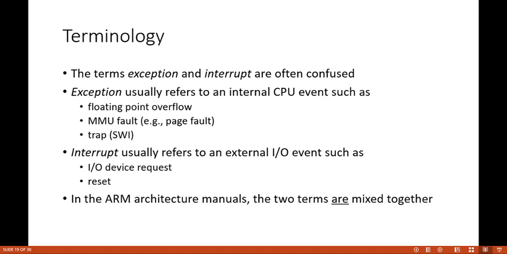The next one is interrupt. An interrupt is something that is triggered by some external device. If an external device wants to communicate with the CPU, it will generate an interrupt. An exception is created by the CPU internally. But in the case of ARM architecture, many times both are treated the same, exceptions and interrupts.